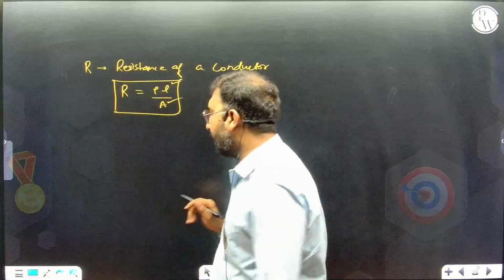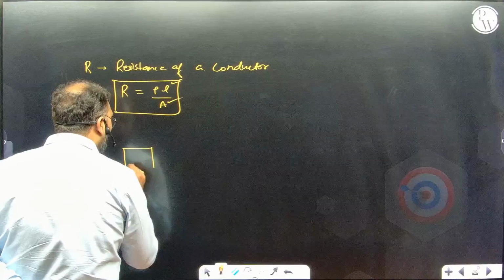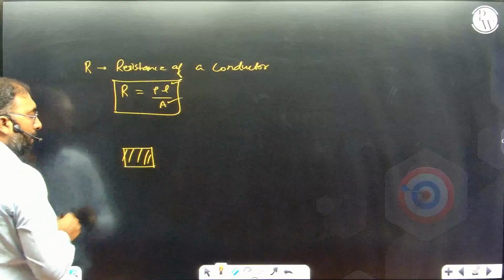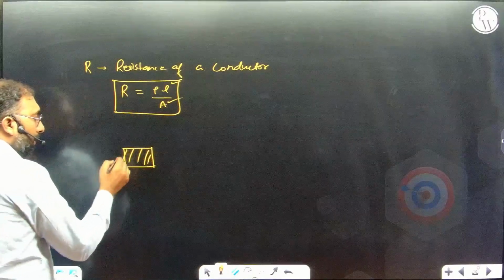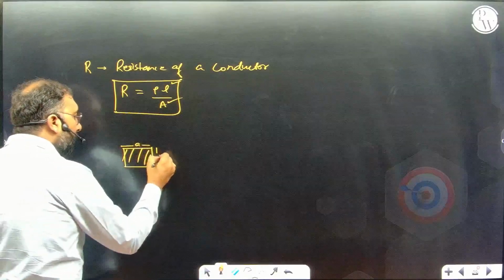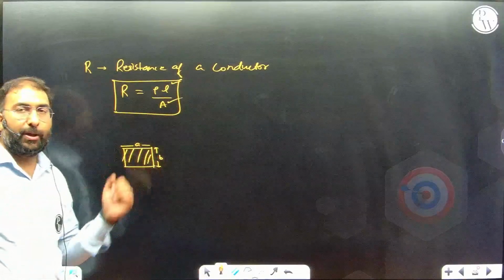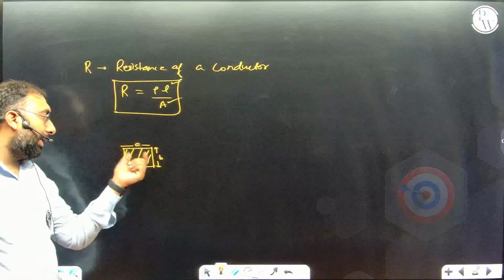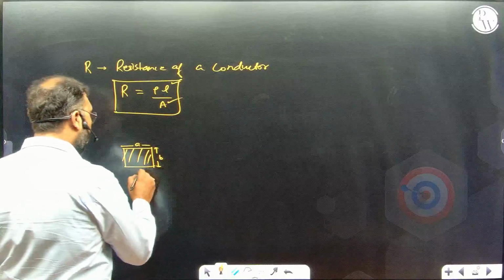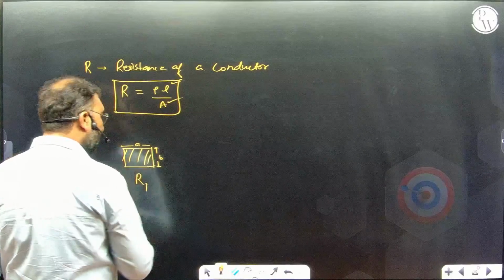For example, let's say you have a rectangular plate made of copper, with length A and width B. It will have some resistance R. Let's say this has R1.